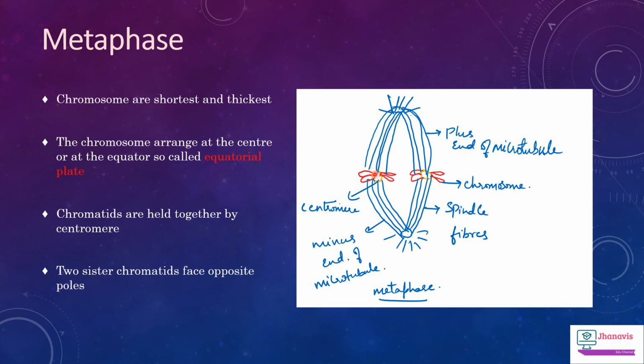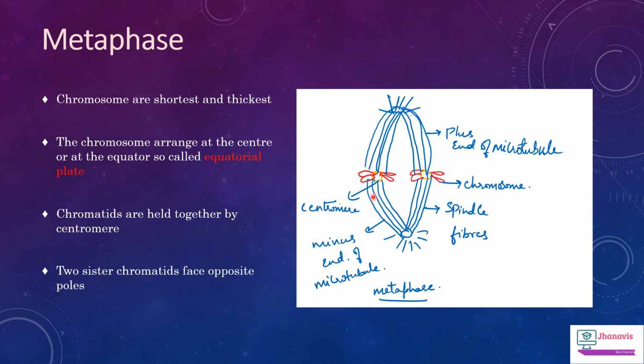These yellow ones are nothing but the centromere, and the spindle fibers are attached to the centromere region of the chromosome, and the kinetochore region or the centromere region will protect the chromosome from depolymerizing.